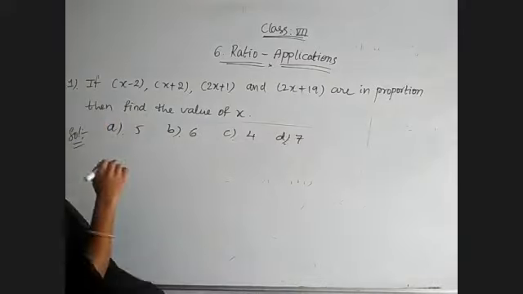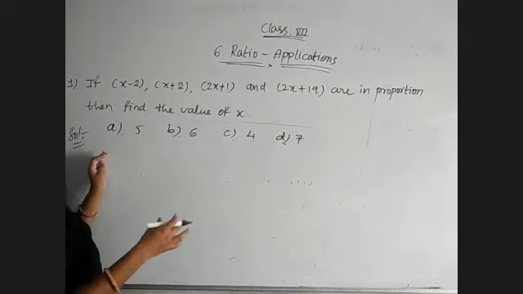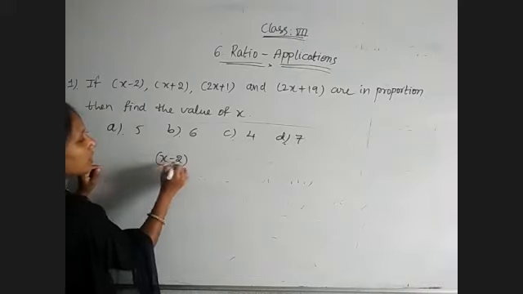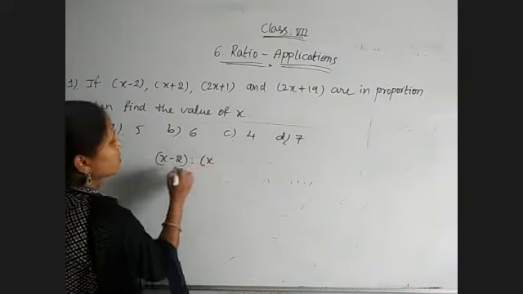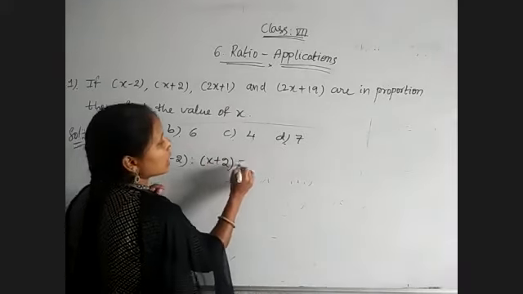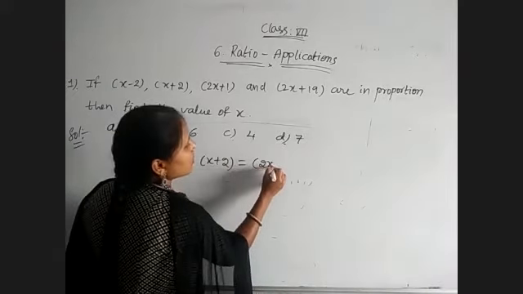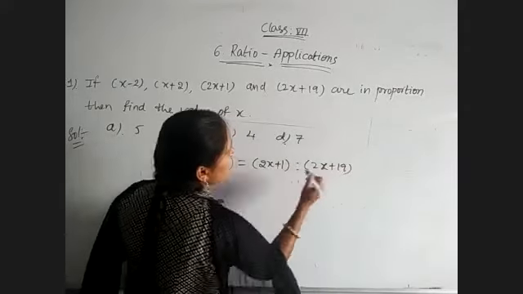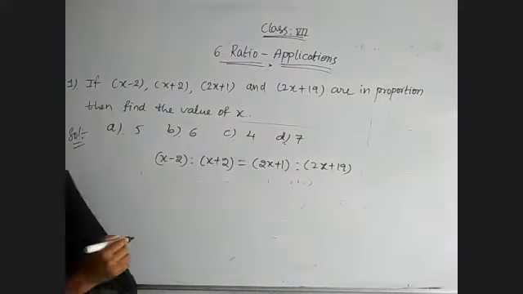In this case, instead of doing all the simplification, first we will arrange the proportionality pair: x minus 2 is to x plus 2 is equal to 2x plus 1 is to 2x plus 19. Now substitute the options by the trial and error method.